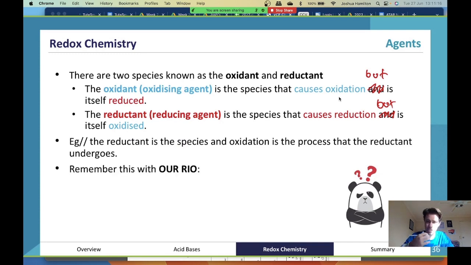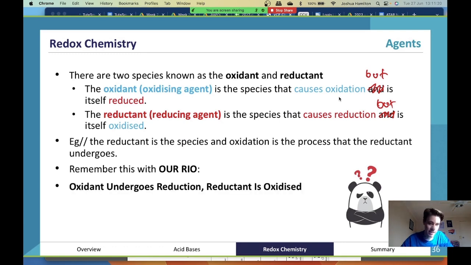So remember it like this. I'll be honest, I don't remember it like that, but here's a little one that I know one of the other tutors uses, so I have been handing it out to my students for years. Some of them have found it really useful: oxidant undergoes reduction, reductant is oxidized. You're welcome to utilize that if you want. I just find that it's easier to just remember it and say, hey, the oxidant causes oxidation but is itself reduced.